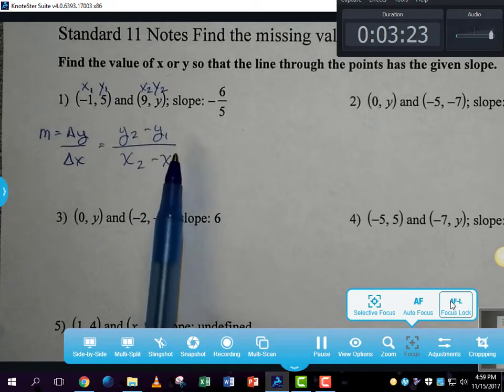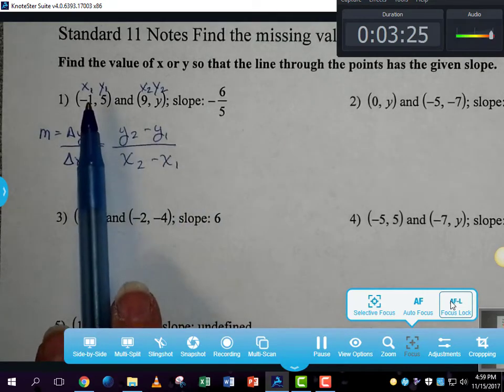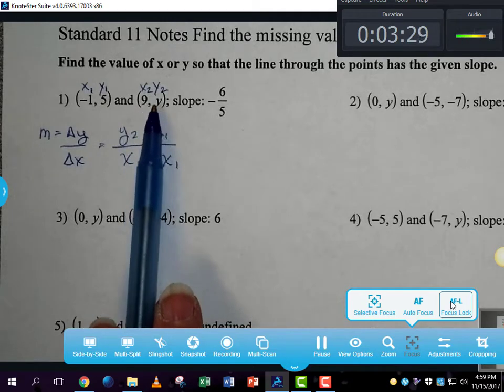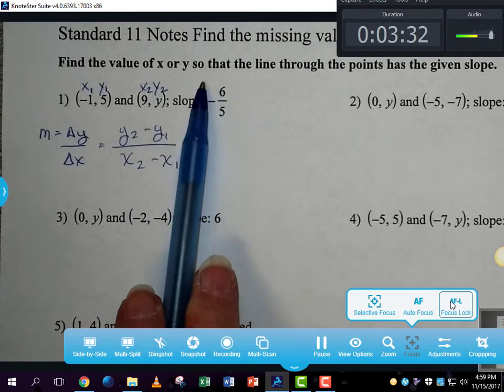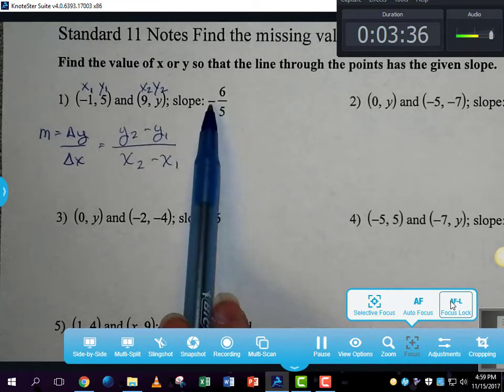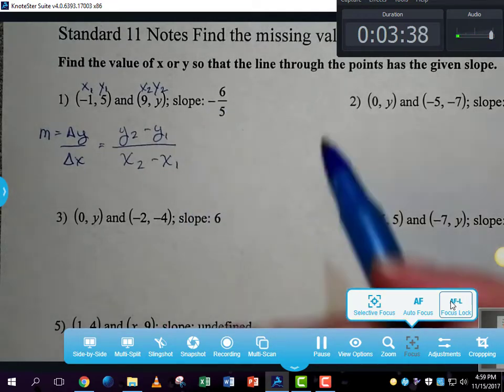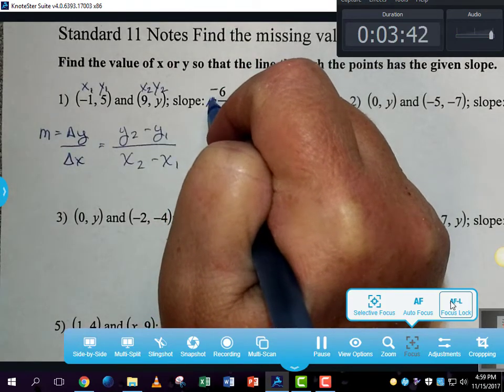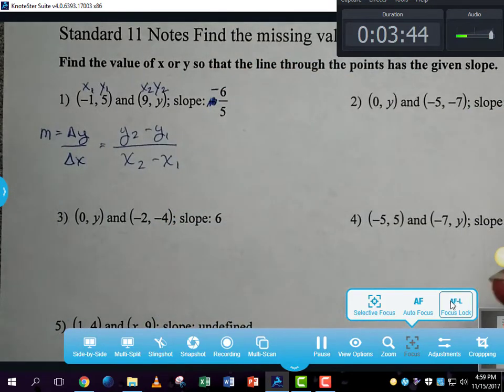Okay, so we've got our coordinates for x1 and y1. We have our coordinates for x2 and y2. But then we are given the actual slope. And you know that I like to put the negative signs with the numerator. So I'm going to call that negative 6/5, where I'm putting the negative up in the numerator.